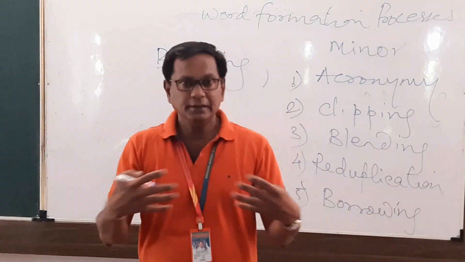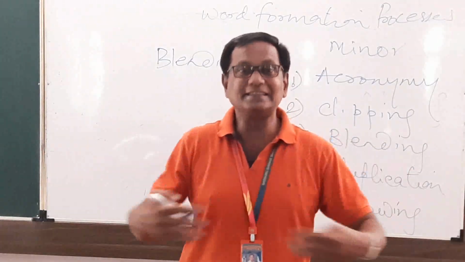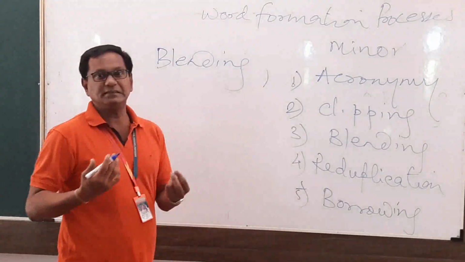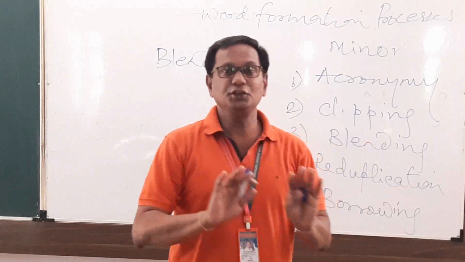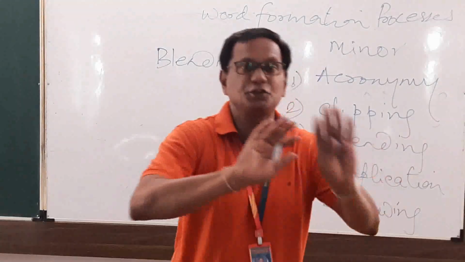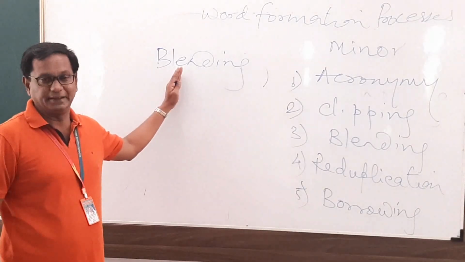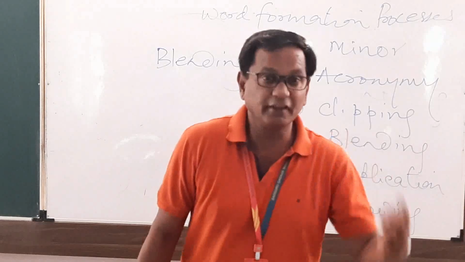Blending means all the bases getting assimilated. It's a matter of assimilation. So when the bases assimilate with each other, when the bases blend with each other, when the bases combine with each other, it creates the example of blending. But the blending is done in a very specific way.